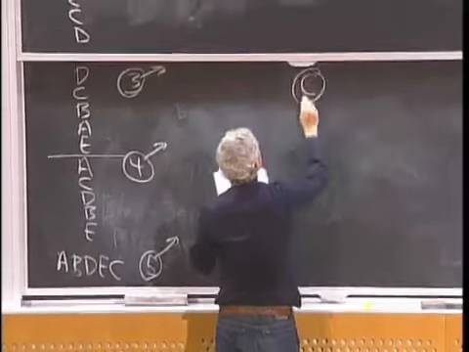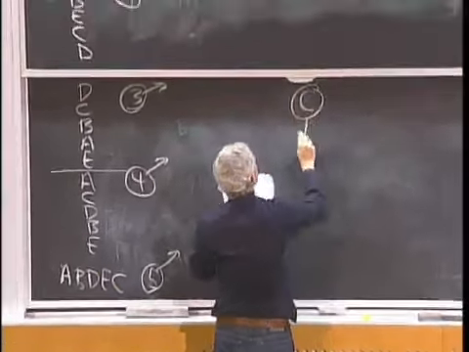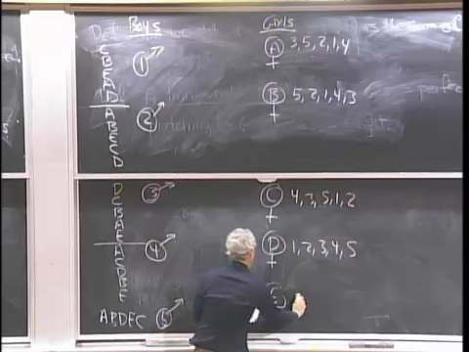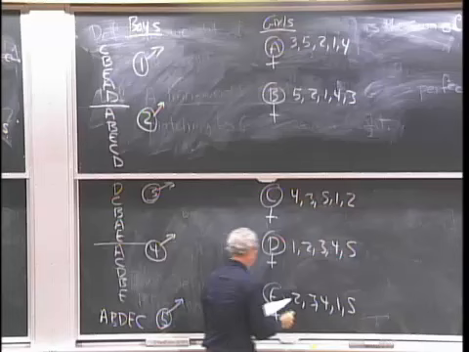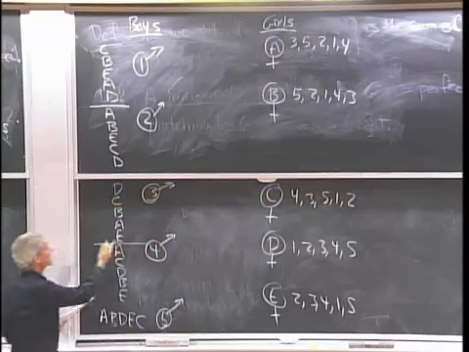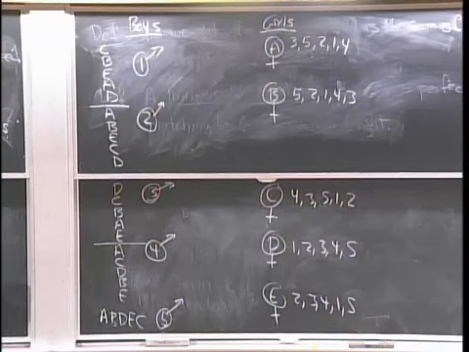Girl C has the order 4, 3, 5, 1, 2. Girl D, 1, 2, 3, 4, 5. And then the last girl E has 2, 3, 4, 1, 5. All right, so say that's our matching problem, and those are the preference lists.